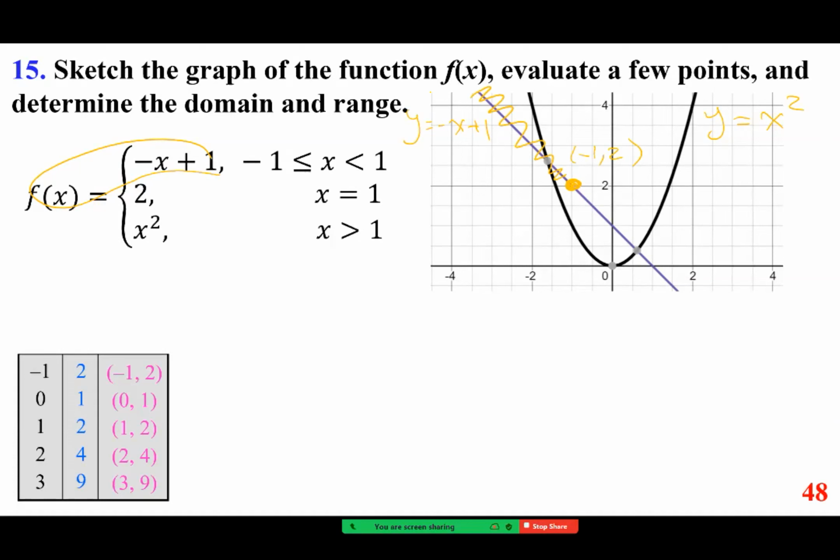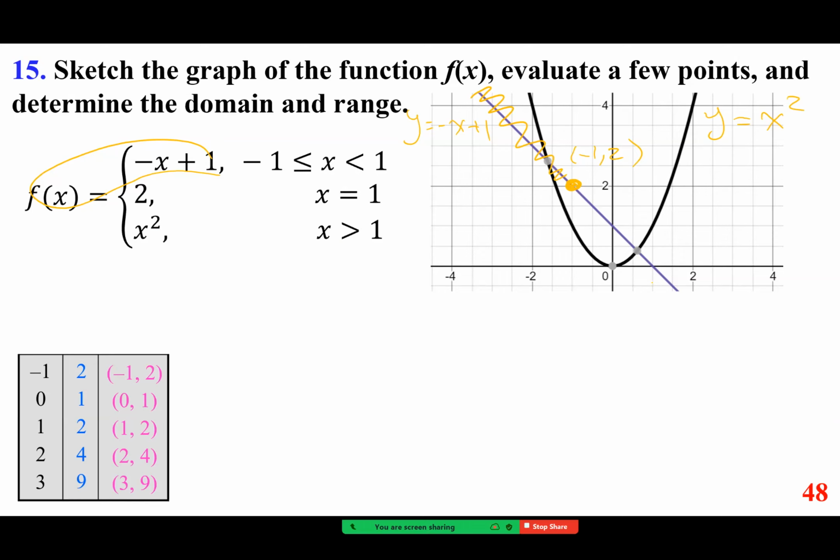And then at 1, what happens if you plug it in? At 1, we get 2. Over here, if you plug in 1, you get 0, which is not part of this graph. And for x larger than 1 it is x squared.